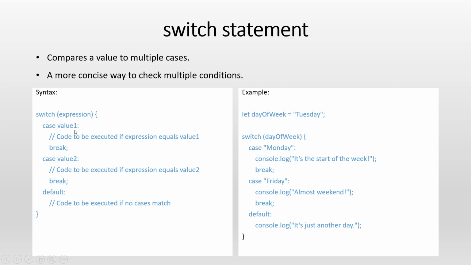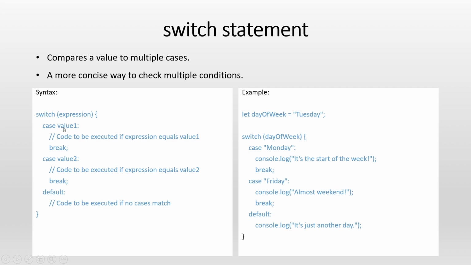If this value is equal to the expression, then that part of the code is going to be executed. After that, we write one break statement. I will explain what the break statement is afterwards.